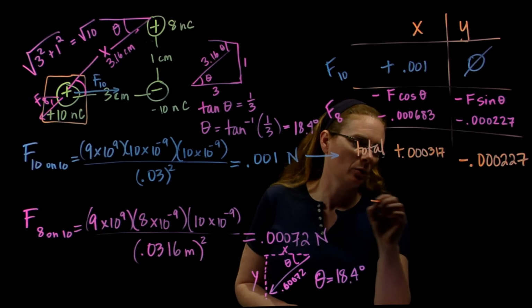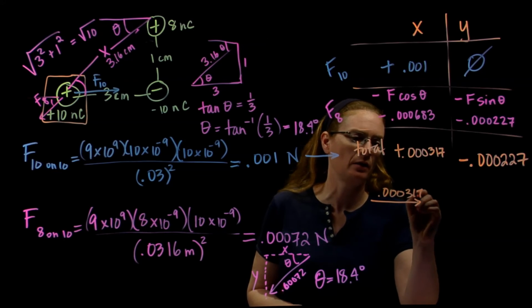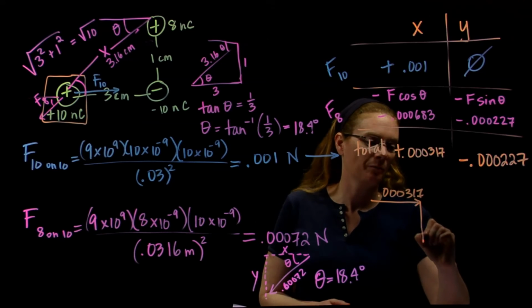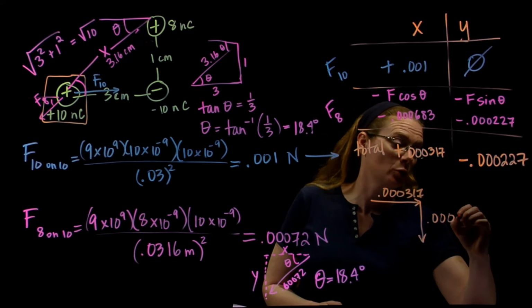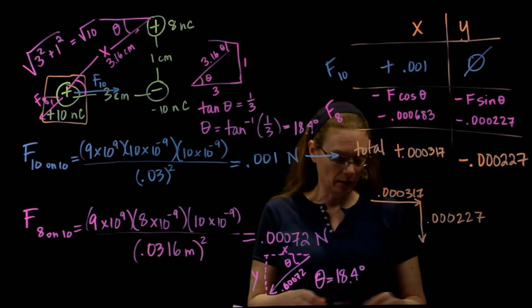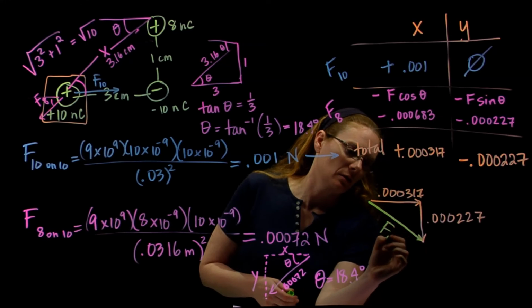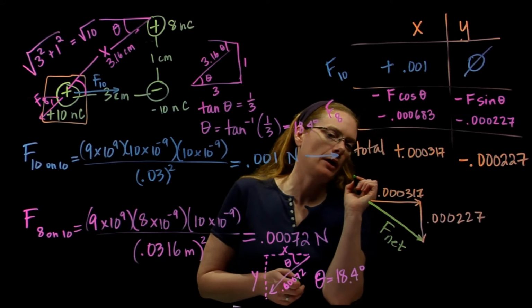So I'm going to go to the right with 0.000317, and then I'm going down with 0.00227. And the actual final answer that I want, the F net, is this thing right here.